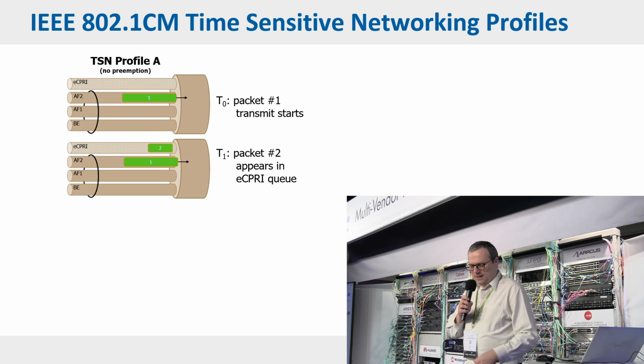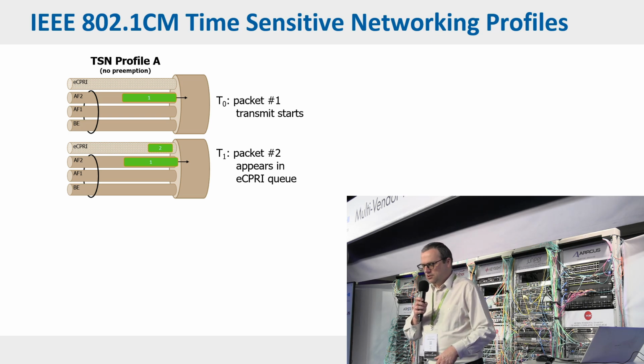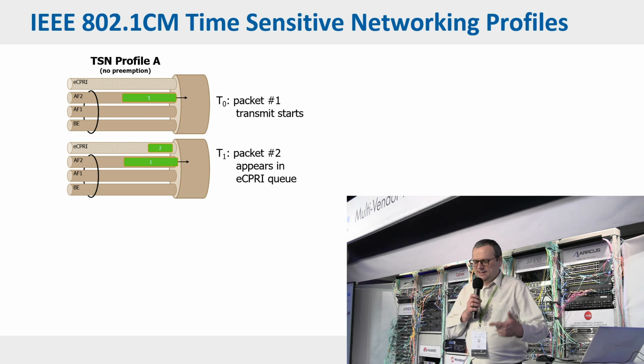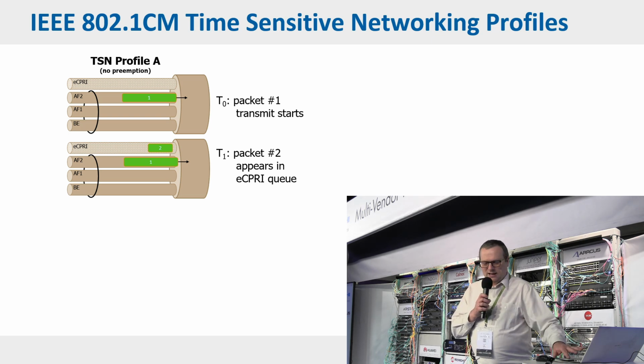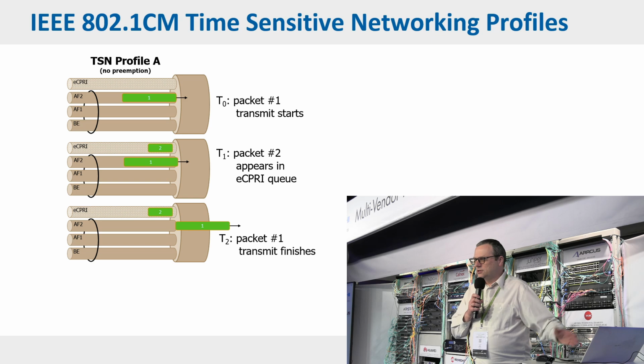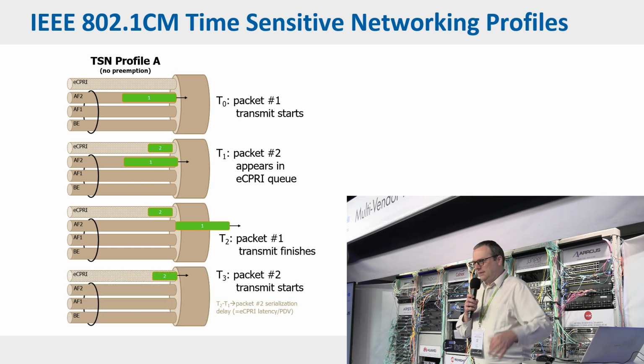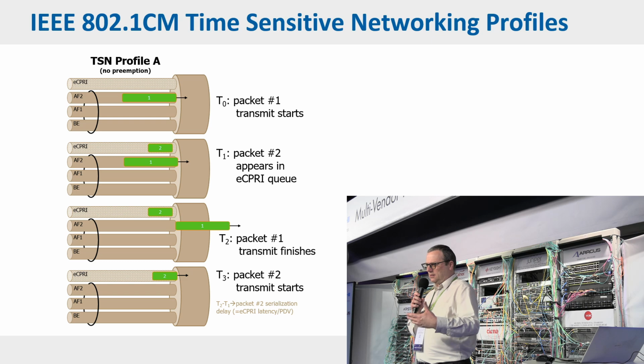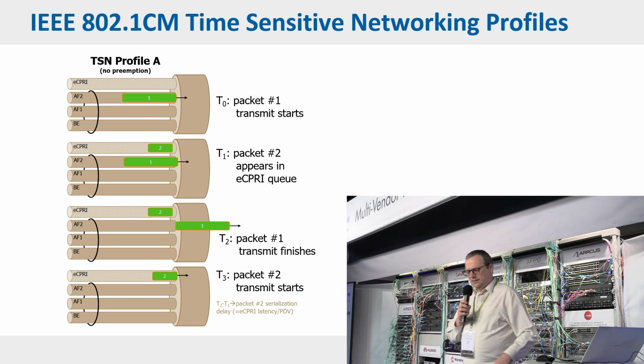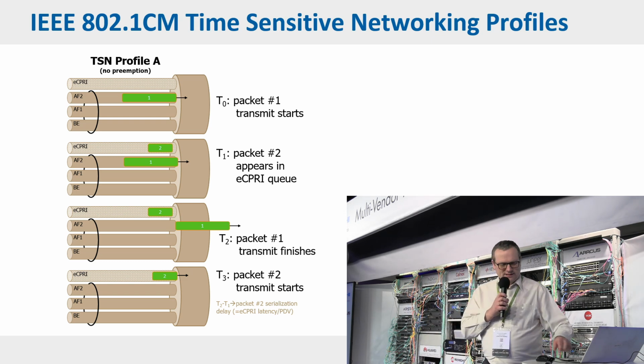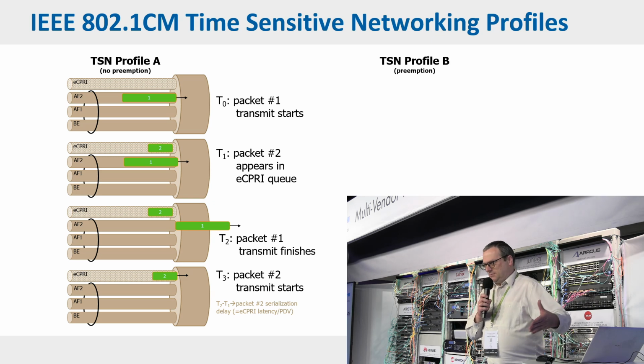And then we get a packet in the eCPRI queue, so the prioritized queue. In profile A, the eCPRI packet needs to wait until the packet in the lower queue is completely sent out, because we already started sending this packet, so it needs to be sent out completely. After this packet in the lower queue is sent out, we can start to send the eCPRI packet, the high prioritized packet. So this is how one profile works.